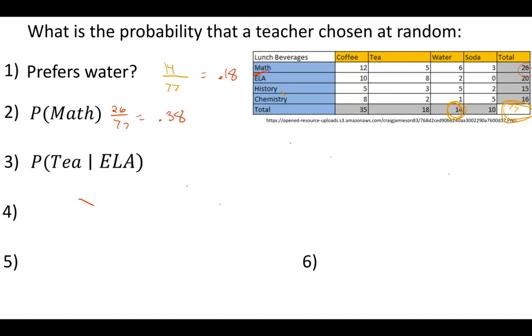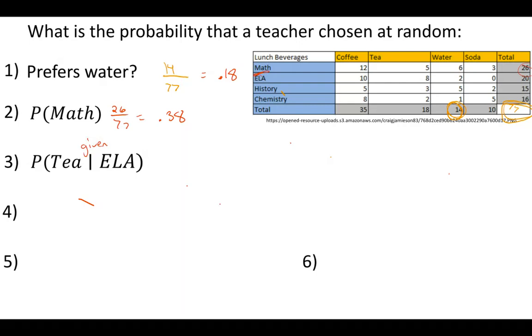So next one is going to be some given questions here. So some conditional probabilities, changing up the notation a little bit. In your book, the problems you're going to do are going to have lots of these different notations. So it's important that you know how to read all these. This one reads as the probability of T given that it's a language arts teacher. So we always start with the second one first and make our eliminations.